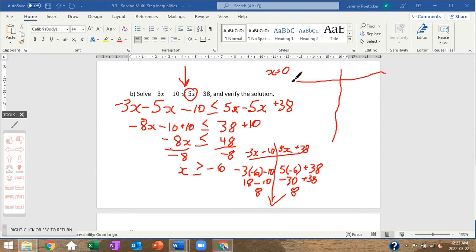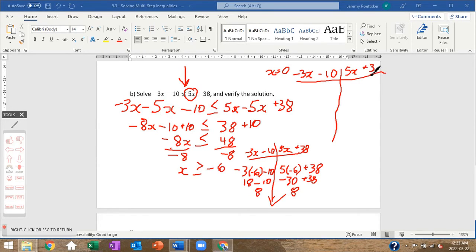All right, so I will write out the whole thing so that you can see what we're doing. But doing this for yourself does cut back on a little bit of the thinking. So, 5x plus 38.